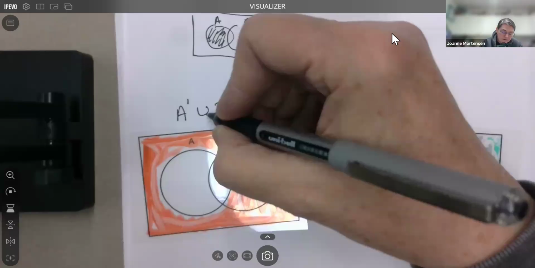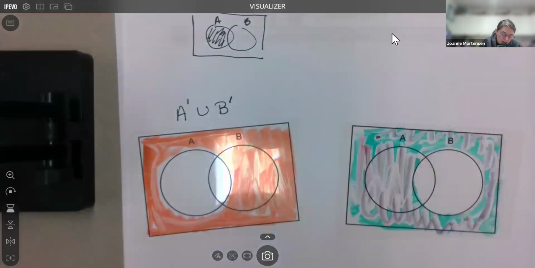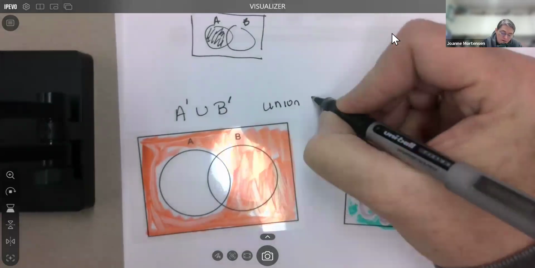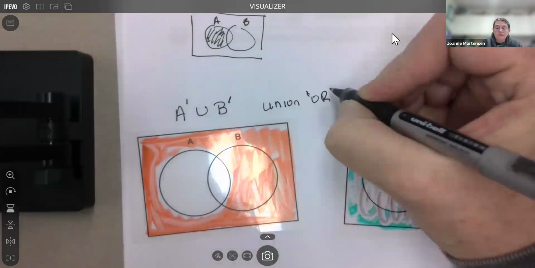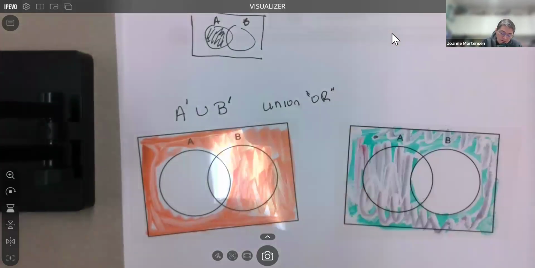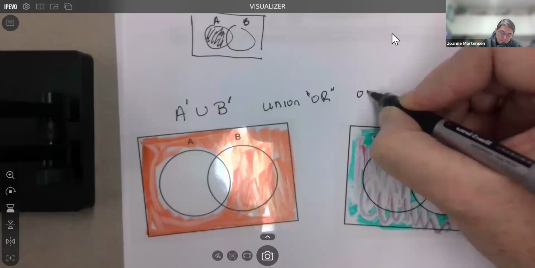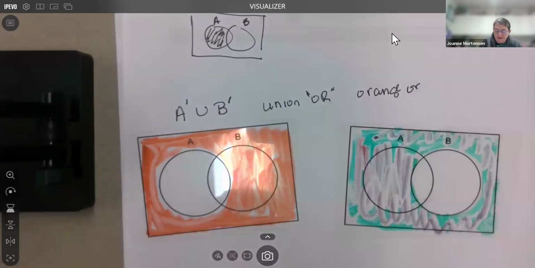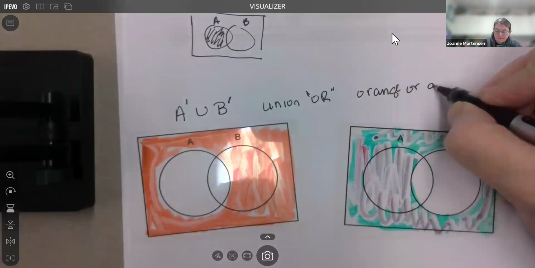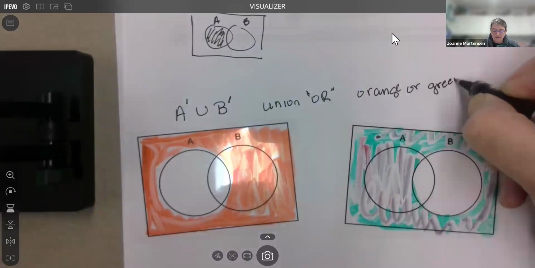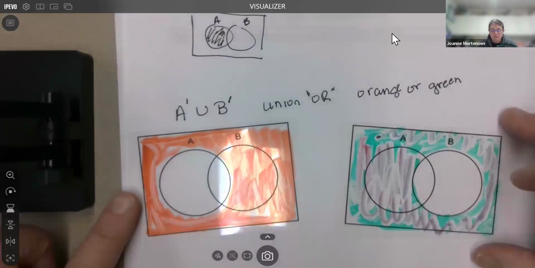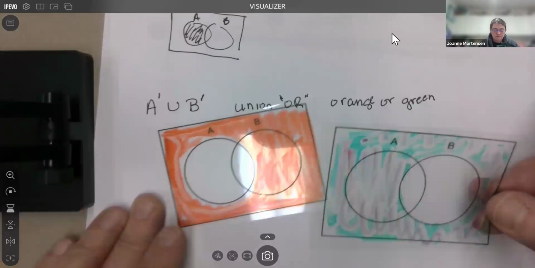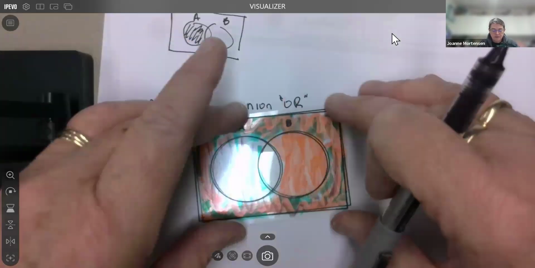Okay, so we got A prime and we got B prime. And this is the union, which means or, which in this picture basically means it is orange, or I'm going to still call it green. Whatever mess I made over here. So when we superimpose each of them, look at that.